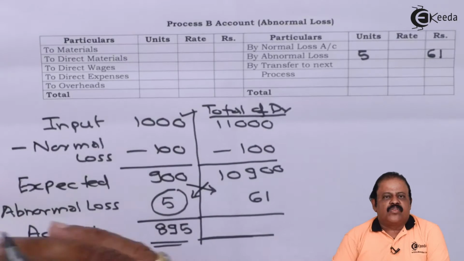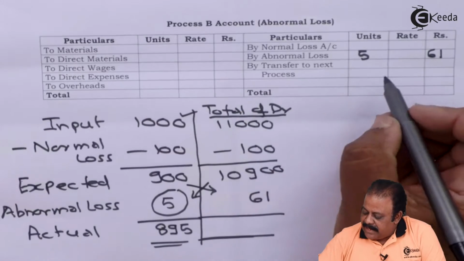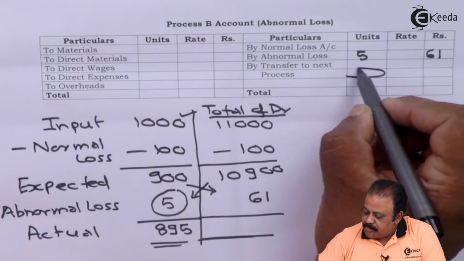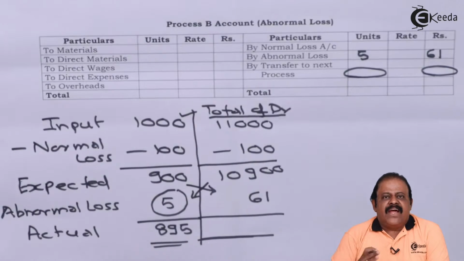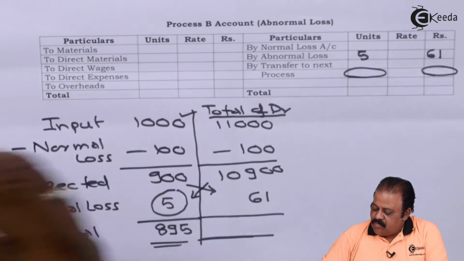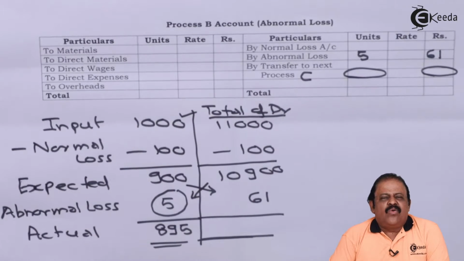Then we close the process B account. As we closed the process A account, we get a balancing figure in the units column as well as the rupees column, which will be transferred to the next process, for example process C. So we have learned how to record a process account when there is normal loss, and how to prepare it when there is abnormal loss.